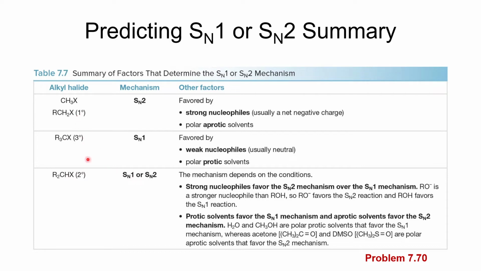For the nucleophile, strong nucleophiles tend to favor SN2 over the SN1 mechanism, and weak nucleophiles will tend to favor the SN1 over the SN2. We'll find that our strong nucleophiles usually have a negative charge, and our weak nucleophiles are usually neutral. Then finally, our solvent effects. Polar protic solvents tend to favor SN1, and polar aprotic solvents tend to favor SN2.